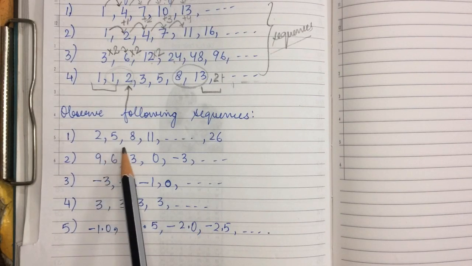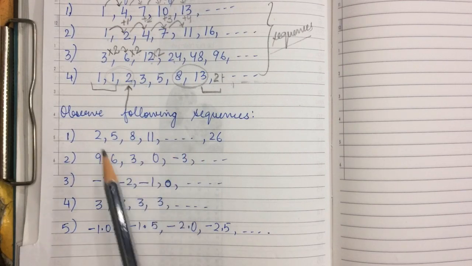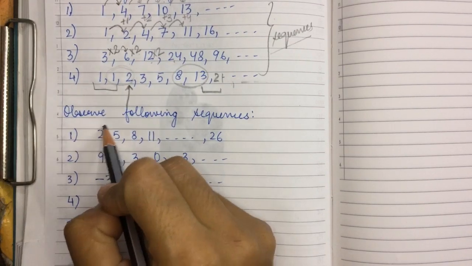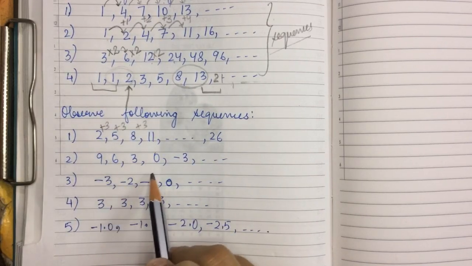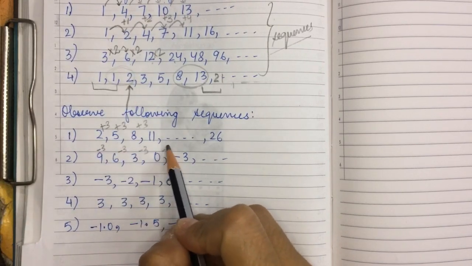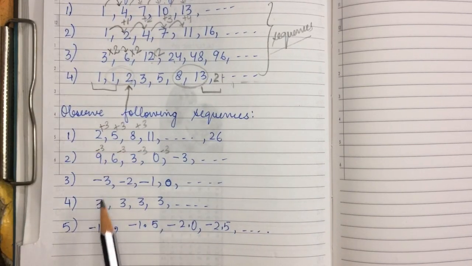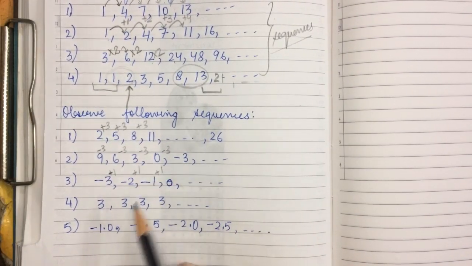If you look at the first example here, to obtain the next term in the sequence, we are adding 3. So every time you add 3, you will get the next term. In the second example, if you subtract 3, then you get the next term. In the third example, you obtain the next term by adding 1.